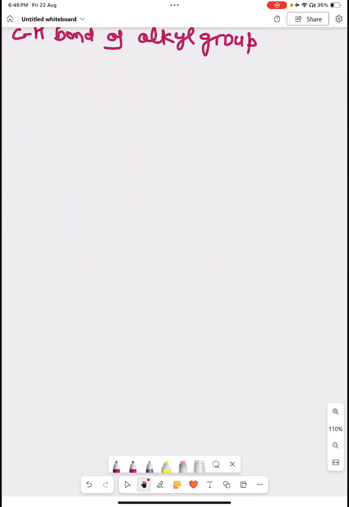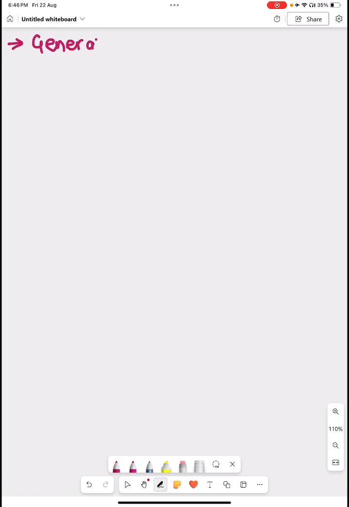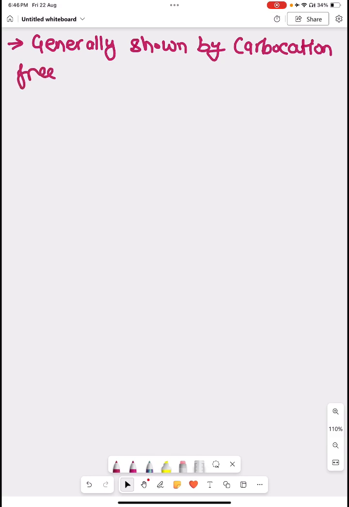Generally, hyperconjugation is shown by your carbocation, free radical, and alkenes.